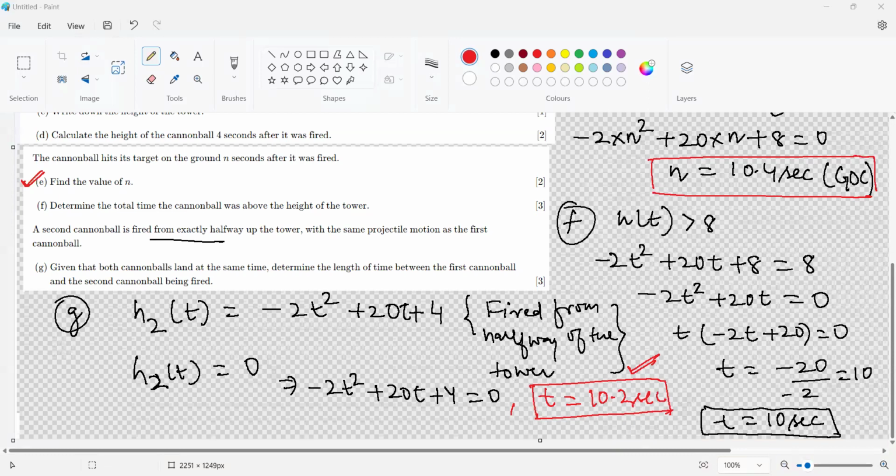It means the second cannonball was fired 0.2 second later. Are you getting this? Yeah.